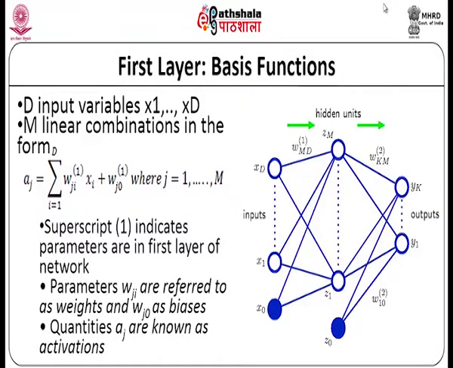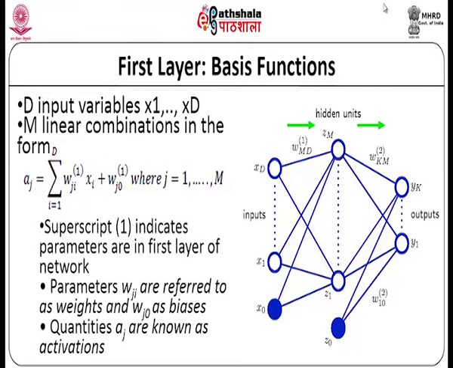So, the first layer, that is the input layer, contains d input variables x1 to xd as you can see, and m linear combinations of the form, because the inputs can combine in different forms. So, you have aj equal to the sum over i equal to 1 to d of wji xi plus wj0, where j can vary from 1 to m. So, you have d input variables which can combine in m different ways.